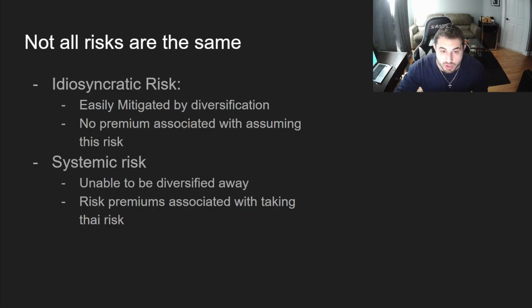So one thing we need to understand is not all risks are the same, right? People will look at examples like Nvidia or Apple and say, well, this stock is very risky. The asset's very volatile. Therefore, I should have a higher expected return on that asset.